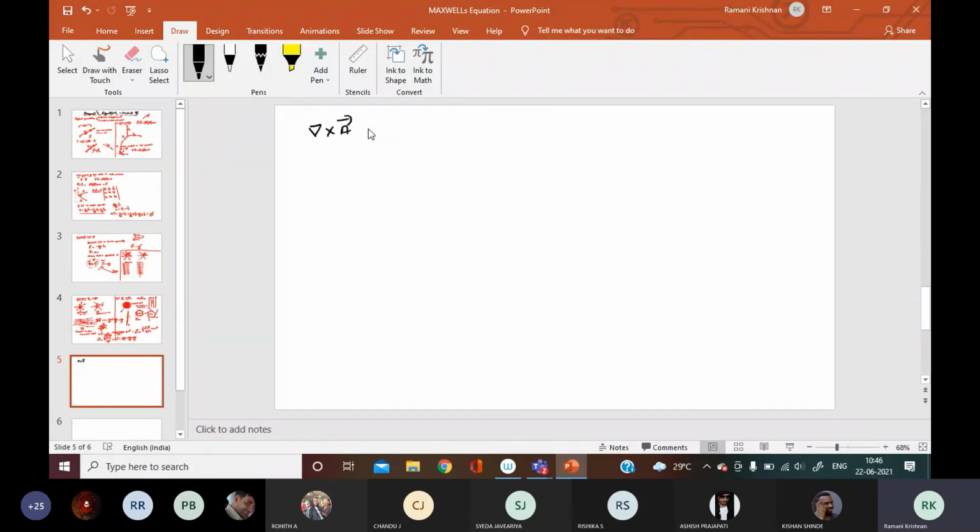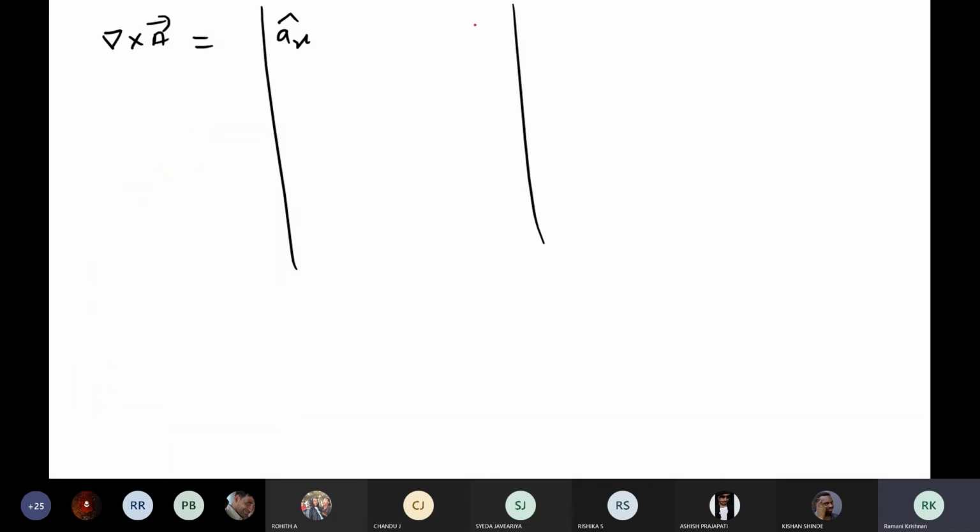Curl of the vector, how will I write it? It has direction also. The numericals are going to be very good here. It is going to have the base vectors AX cap, AY cap, AZ cap, since direction is there for this. That's why we are including these base vectors.